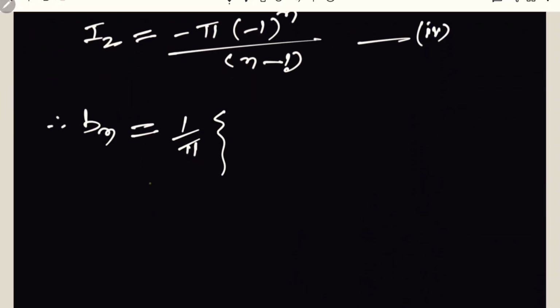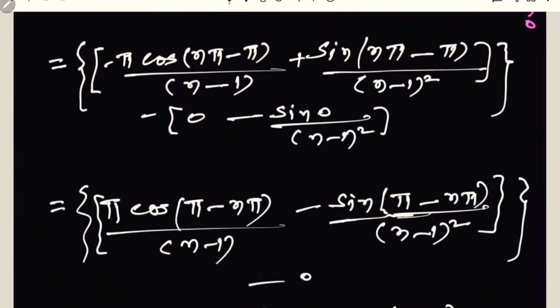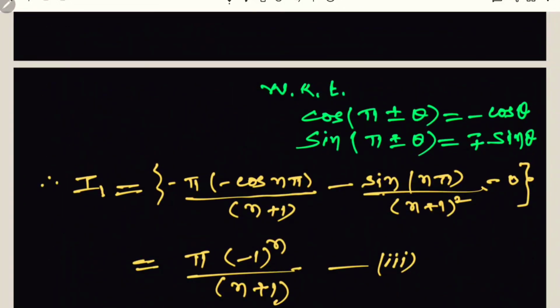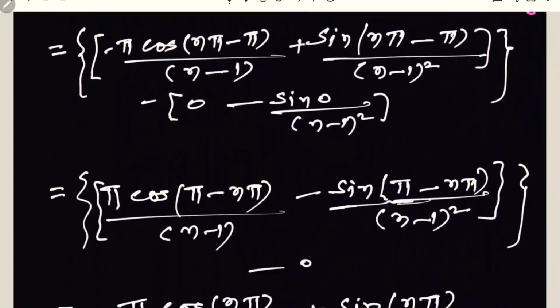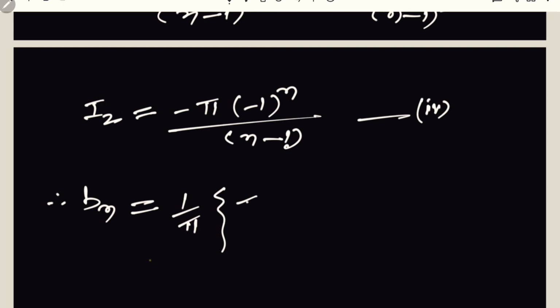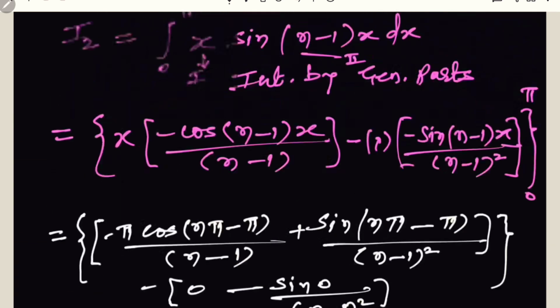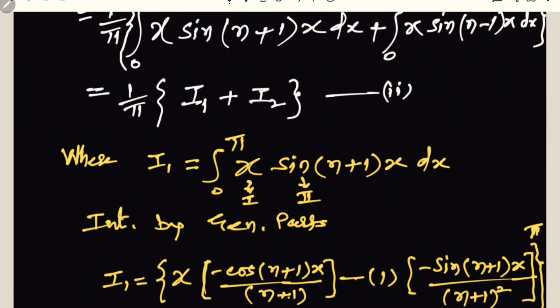Here, this term is plus pi. Check that equation number 4. I1 is pi into (minus 1) raised to n, whole divided by n plus 1, plus I2.